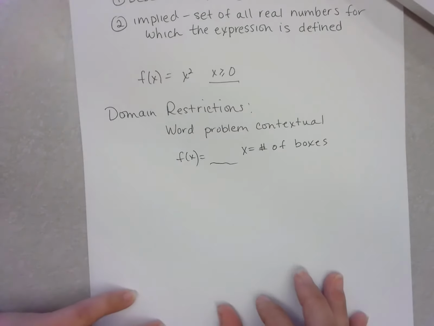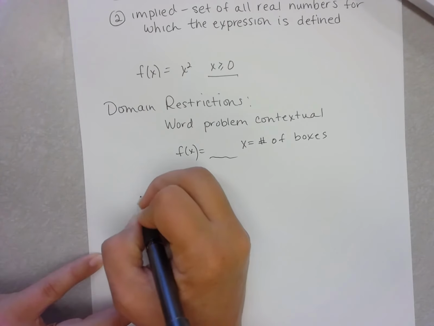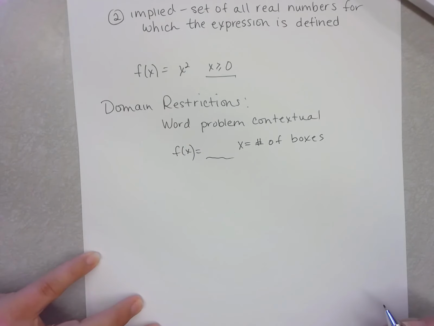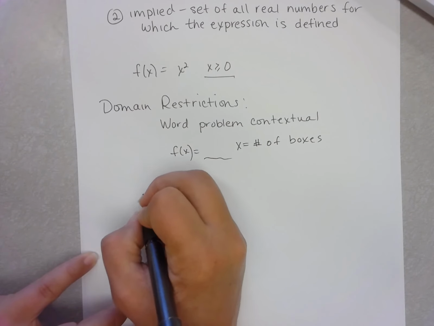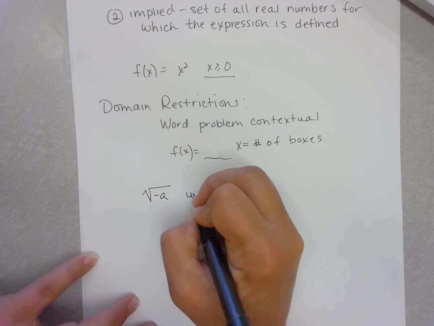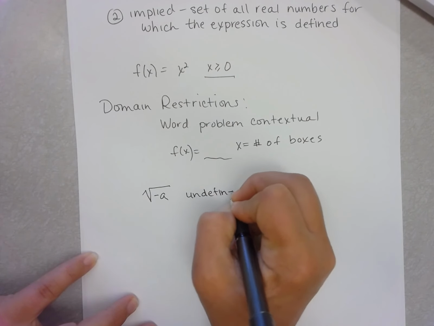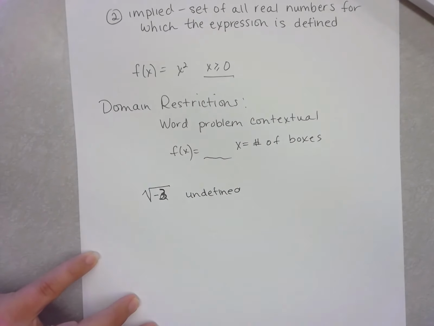The ones that we're going to run into a little bit more often are when we know that there are certain things that we're not allowed to do in math, and we've discussed them before. One of them is to take the square root of a negative number. This is an undefined situation. The square root of -3 is undefined, and this is the type of thing that we're looking for: things that we're not allowed to do.